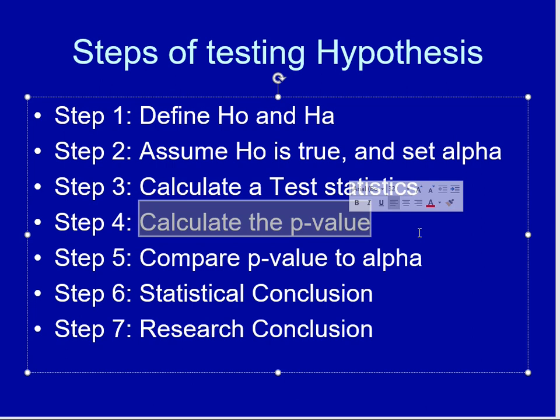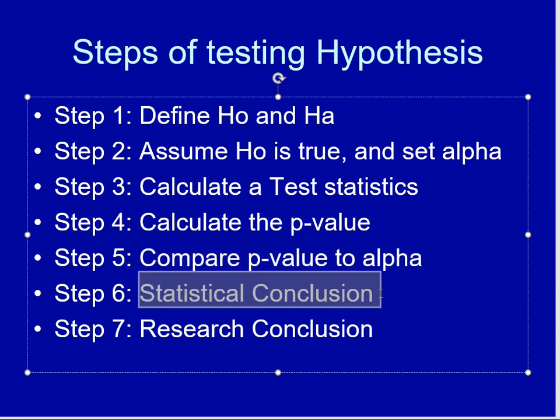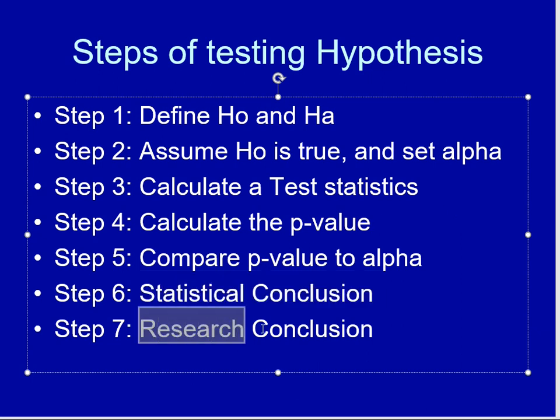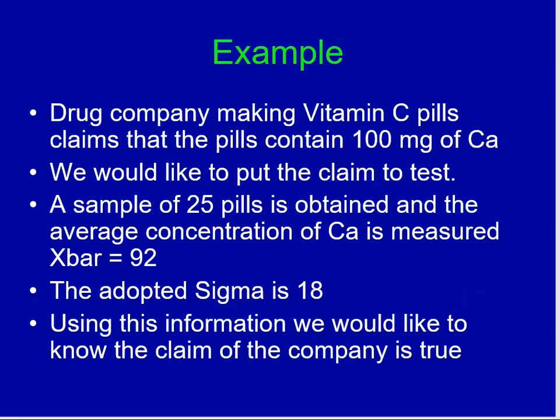Once you calculate that p-value, in step number 5 you're going to compare it to alpha, and whether it's greater than alpha or less than alpha, you're going to reach your statistical conclusion. Your statistical conclusion is either reject the null hypothesis or fail to reject the null hypothesis, which takes you to your final step, and that is your research conclusion, where you're going to have a conclusion that everybody can understand.